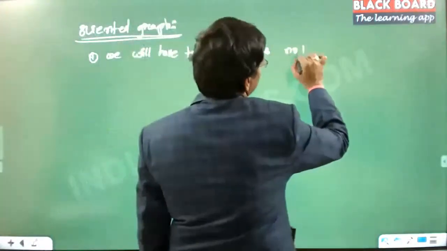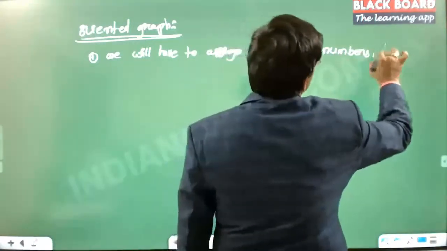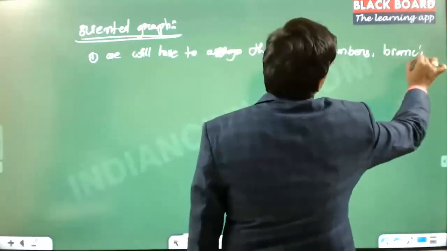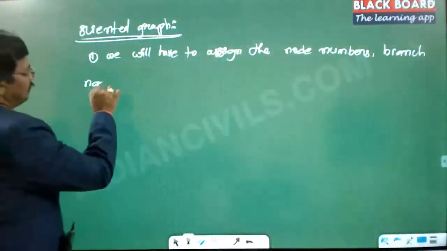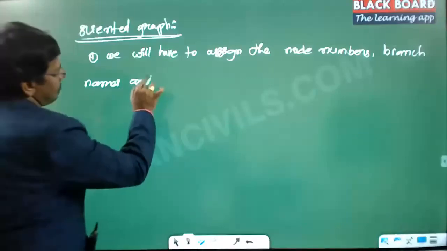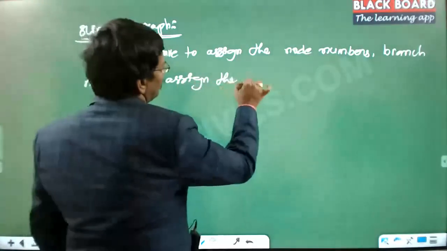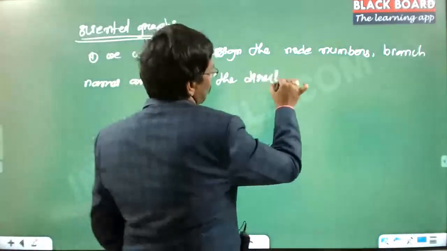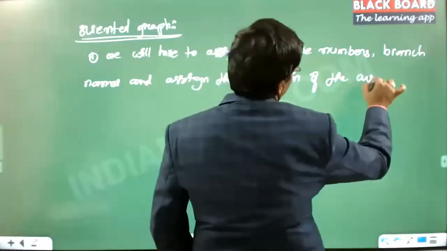the node numbers, branch names, and assign the directions of the current.